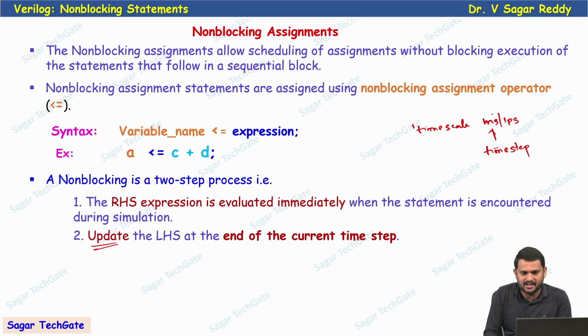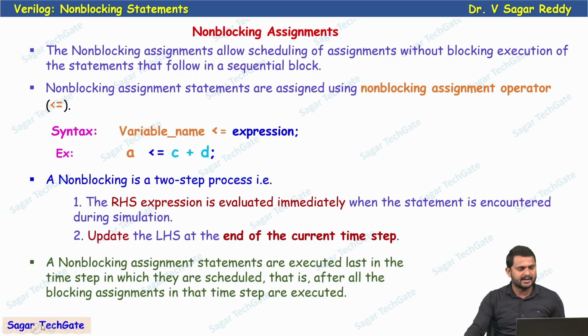If each and every nanosecond updates at the end of that nanosecond, then this assignment happens. So non-blocking assignment statements are executed last in the time step in which they are scheduled, that is, after all the blocking assignments in the time step are executed.